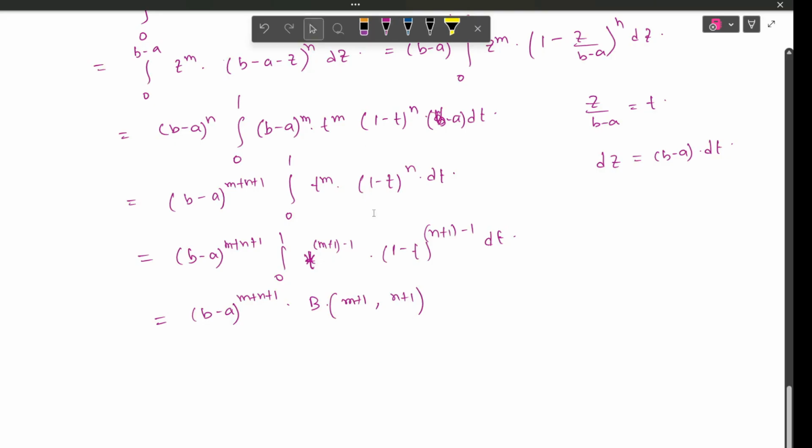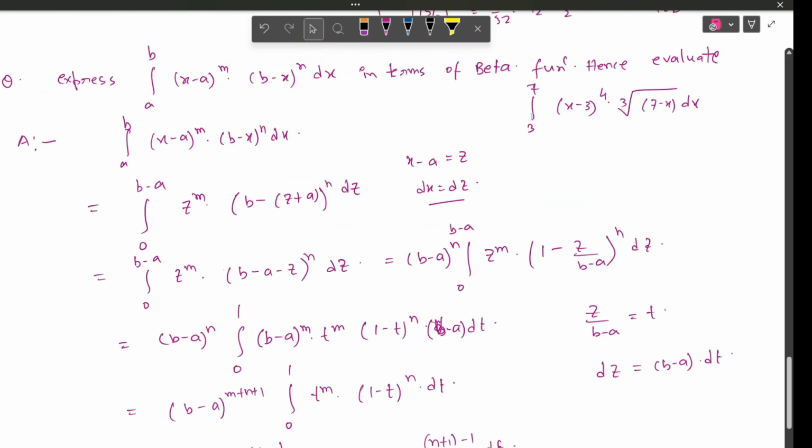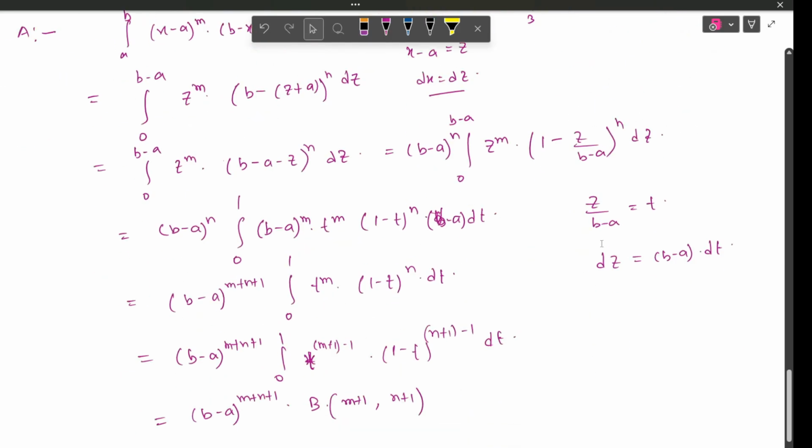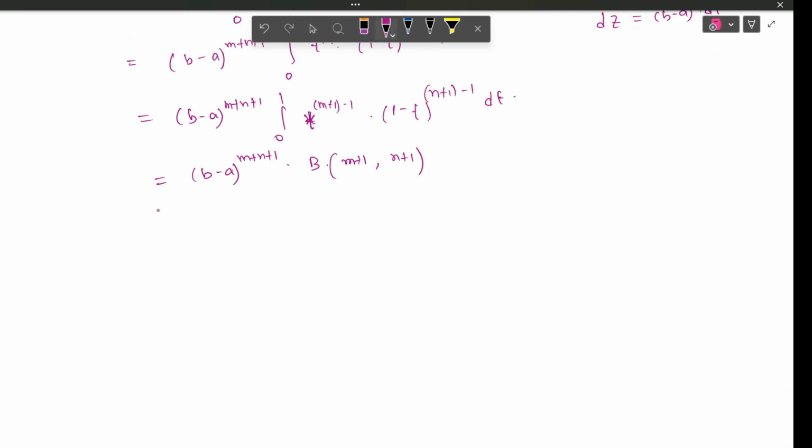Now we have to evaluate this integral, 3 to 7 x minus 3 to the power 4 times the cube root of 7 minus x. So the second part is integration 3 to 7 x minus 3 to the power 4 cube root of 7 minus x dx.